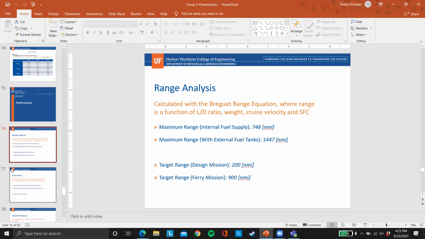I see. So for the internal fuel, we actually do have the fuel tanks in the wings as well. So the fuel line already does run from the wings into the engine. It would just be an extra tubing to connect one of the hard points to where the wing fuel tanks are.